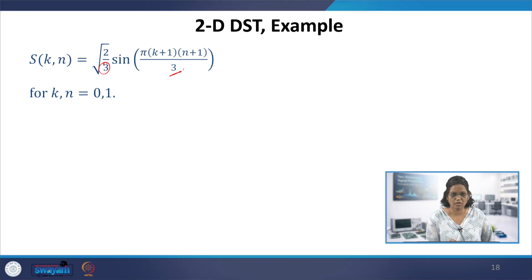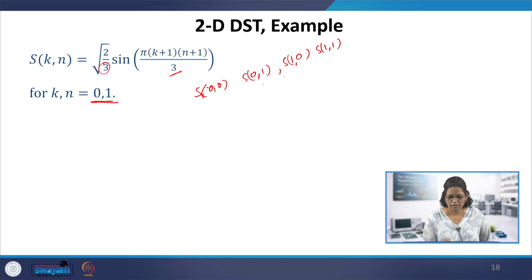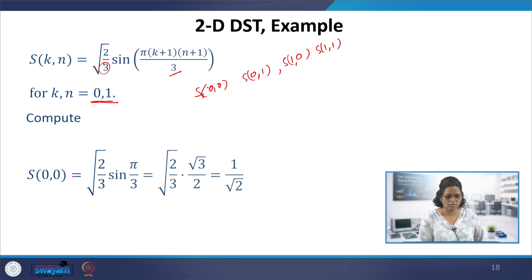If you vary k and n between 0 and 1, we get S(0,0), S(0,1), S(1,0) and S(1,1). So we can get all of these. Computing S(0,0), it is going to be root 2 by 3 times sin pi by 3, which gives 1 by root 2.